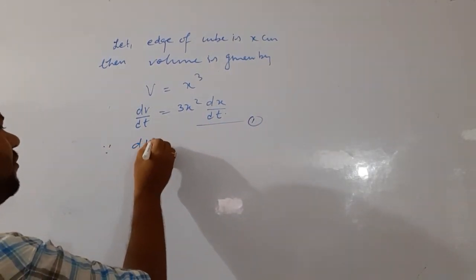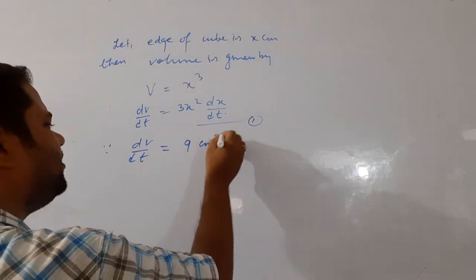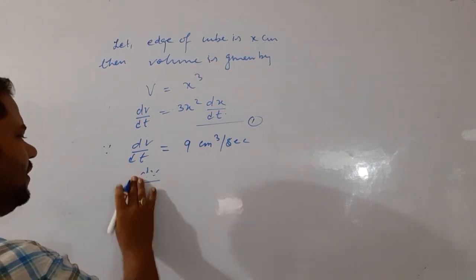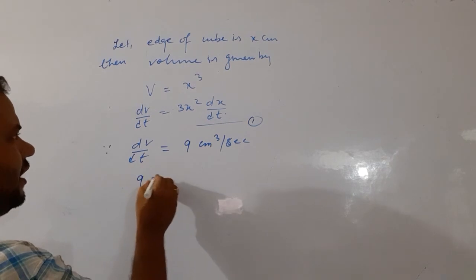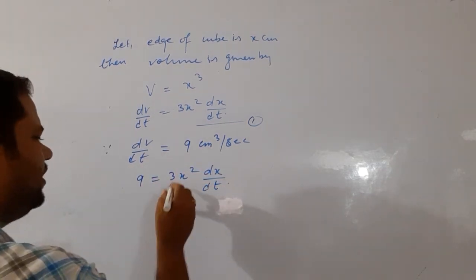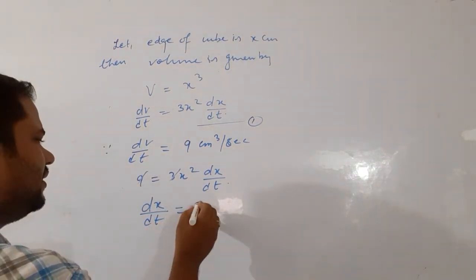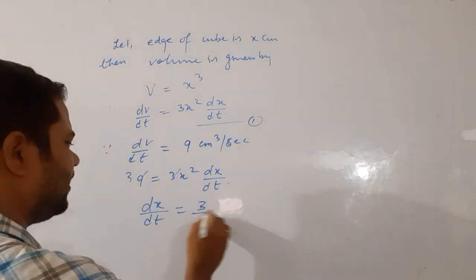Since dV upon dt is given as 9 cubic centimeter per second, put the value of dV upon dt in equation 1. 9 is equal to 3x square dx upon dt. So dx upon dt is nothing but 3 by x square.